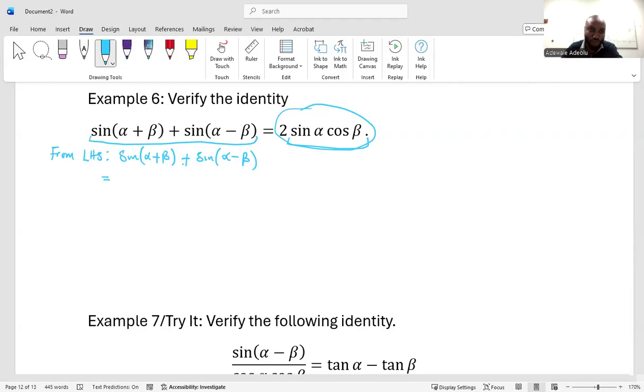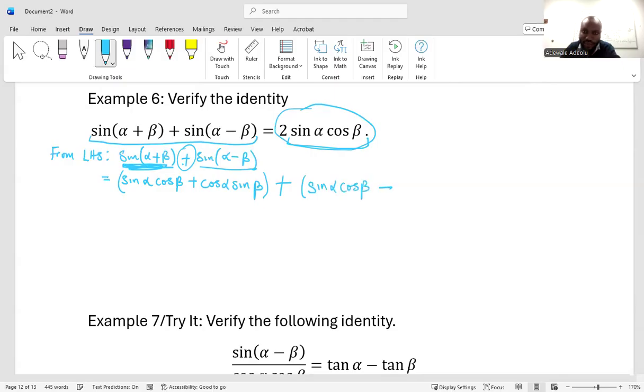Okay, let us see if we will be able to do that. This means sine of alpha multiplied by cosine of beta plus cosine of alpha times sine of beta. That is this part. Now this part, I have plus in between, so plus sine of alpha cosine of beta.